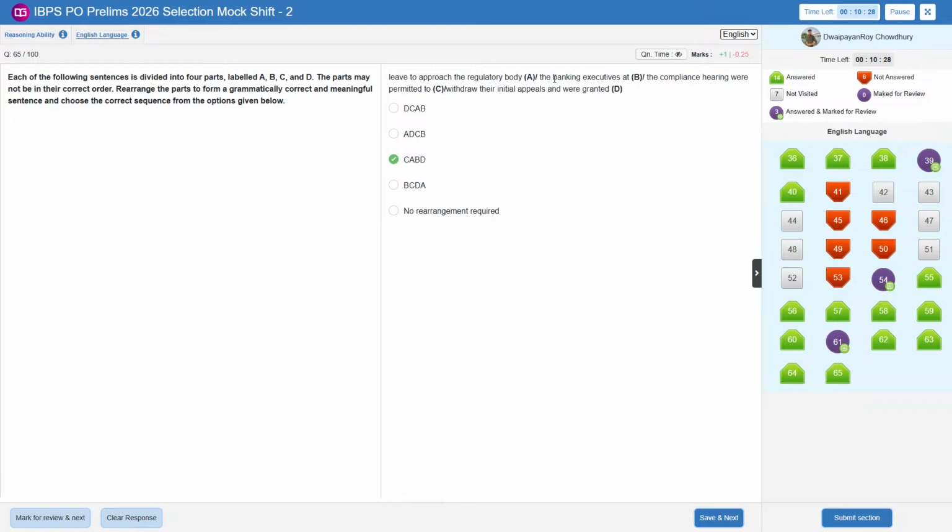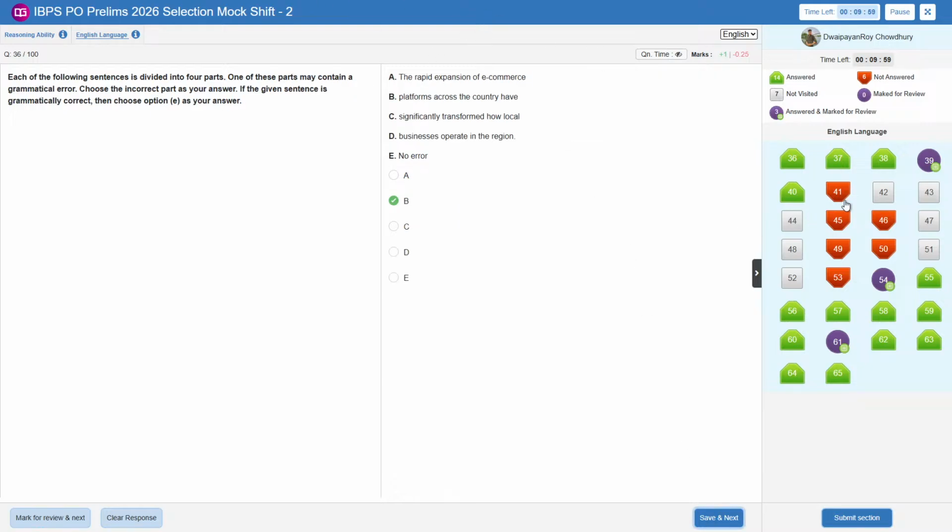The banking executives had withdraw their initial appeals and were granted. The banking executives at the compliance hearing were permitted to withdraw their initial appeals and were granted leave to approach the regulatory body. Okay.